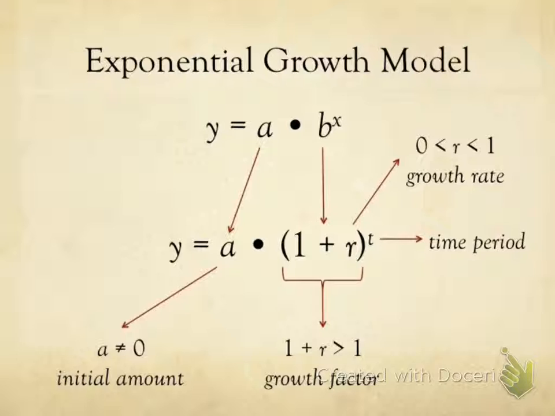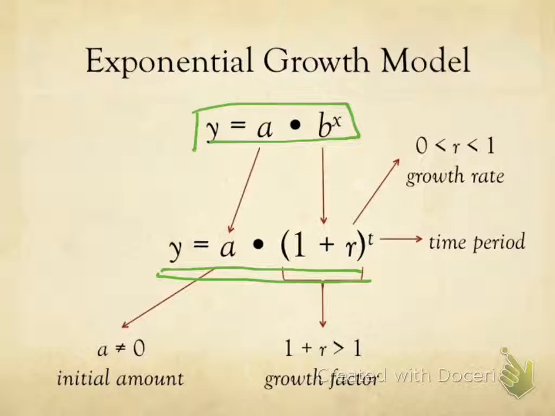And so we want to take this y equals a times b to the x model and expand it so that it fits that situation where we're told the rate of growth or decay by a percent. So notice here in this new equation that we really are keeping the same pieces that we had up here. We're just tweaking them a little bit.